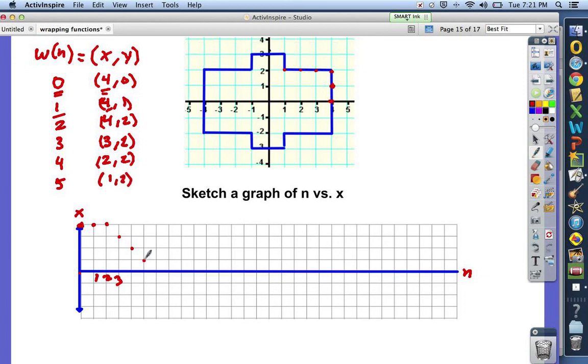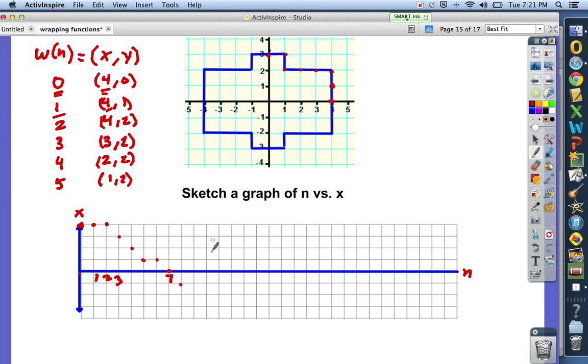So hopefully you're starting to see the pattern here of what's happening. So this will be 7. So at n equals 6, my coordinate is still 1. And then when I get to n equals 7, the x coordinate is 0. So you can kind of just follow that pattern. So over here next, my x value becomes -1.